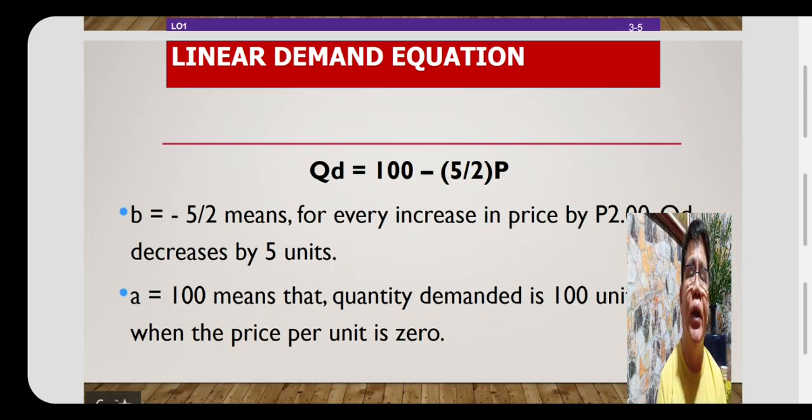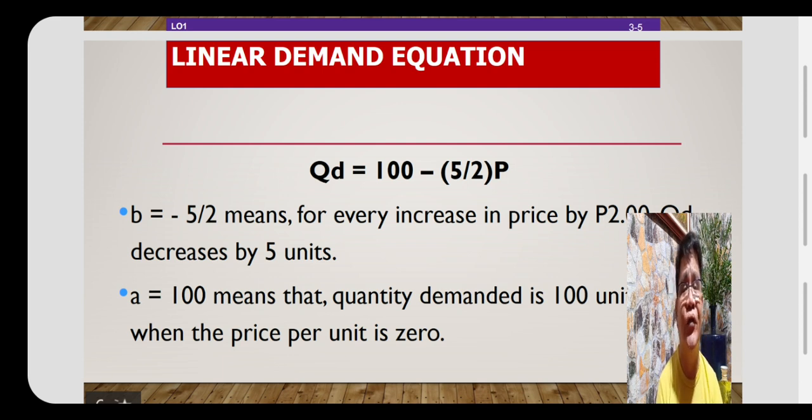Now let us have here an example of a demand equation. Let us suppose that the demand equation is given as Q sub D is equal to 100 minus 5 over 2 P, wherein your slope has a fractional value of 5 over 2.